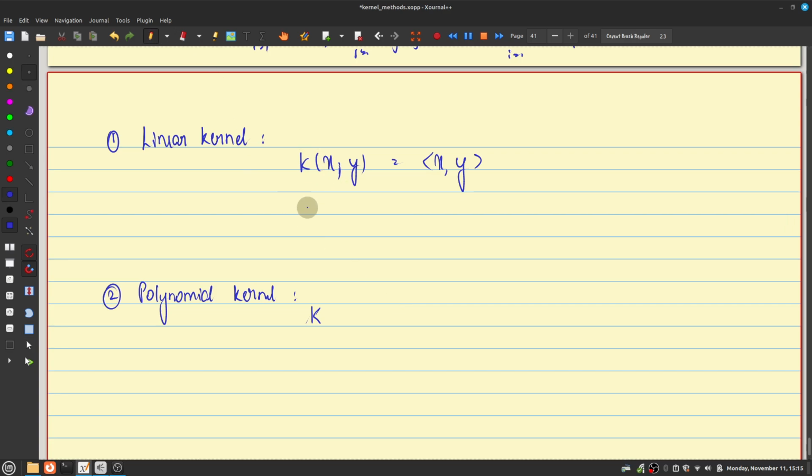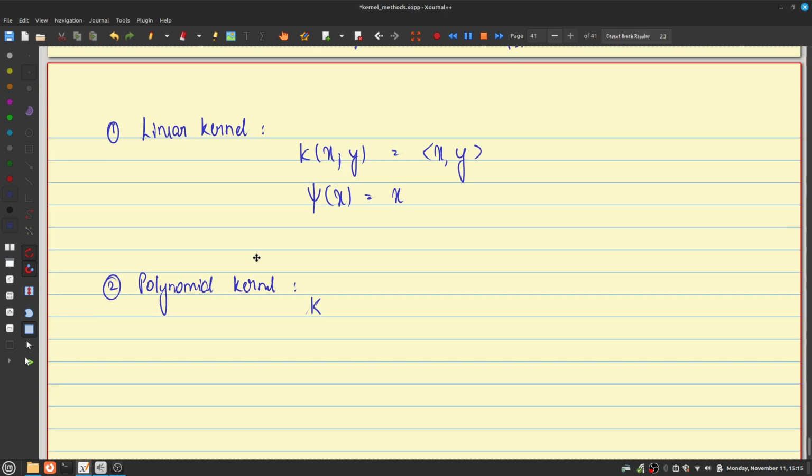This linear kernel corresponds to a particular feature map. What is the feature map? It's the identity map, right? It's a trivial identity map.